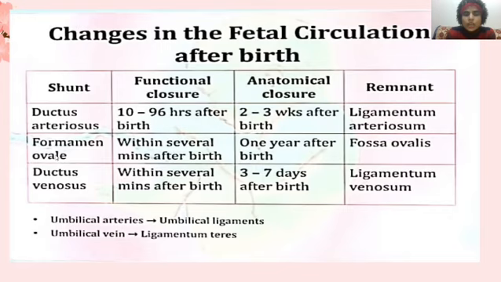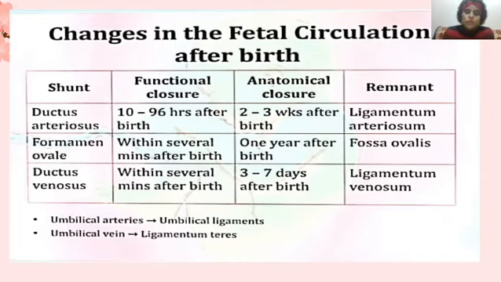Then the foramen ovale's functional closure occurs within several minutes post-birth, and anatomical closure occurs 1 year after birth. And the third, the ductus venosus, closes functionally within several minutes post-birth, and anatomical closure occurs 3 to 7 days post-birth. This table is important. It could be asked in any MCQs.